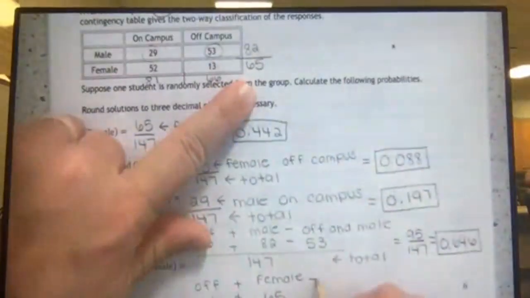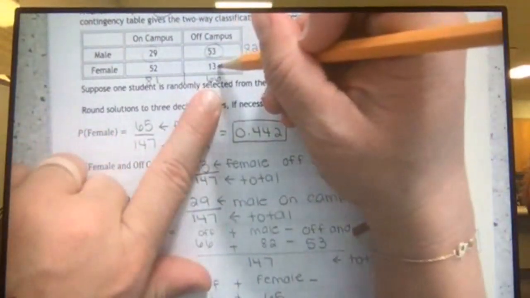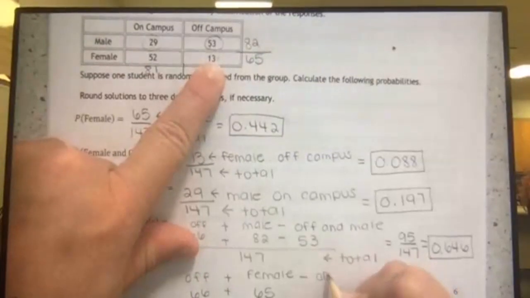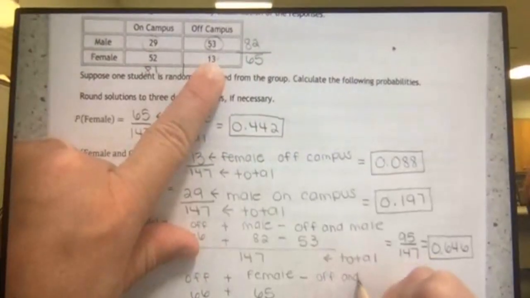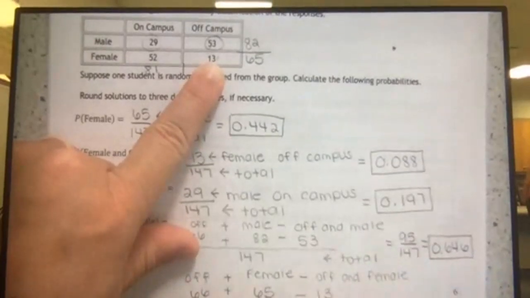So in that off-campus and female, we counted that 13 twice. The off-campus were counted in both groups, but it can only be counted as one person, so only once. So off and female, we're going to subtract, so minus 13 out of our total 147.